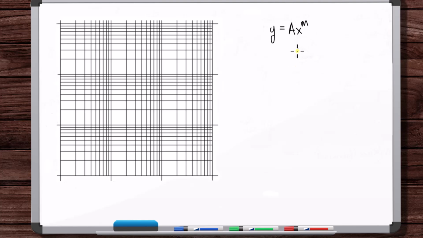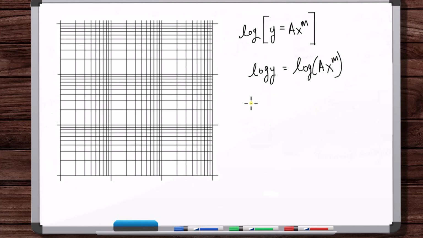So, okay, let's take the logarithm of this entire function. So we've got log of y is equal to log of a times x to the m. Now we can use properties of logarithms to separate this into two separate logs.